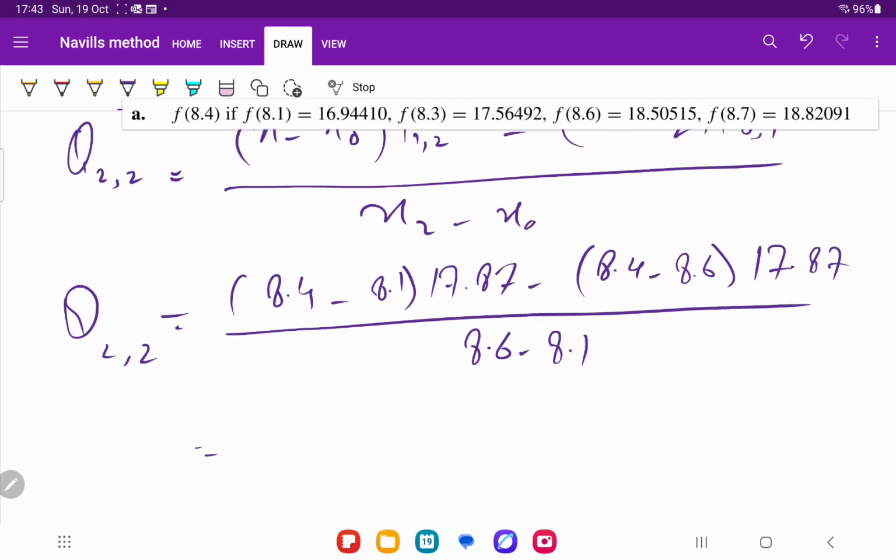Okay, so you will calculate and you will see the answer. Same? I think your calculator is on standard format.